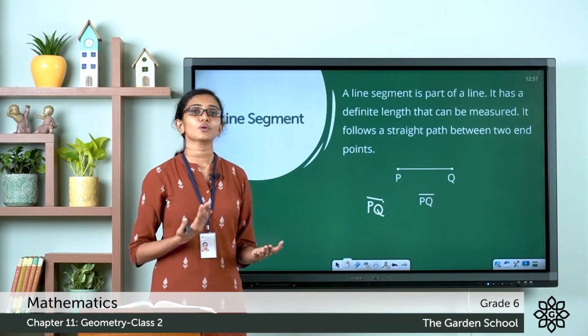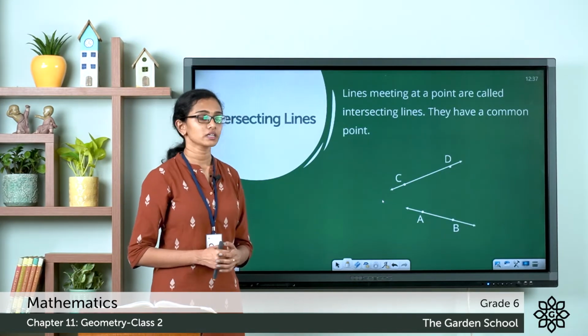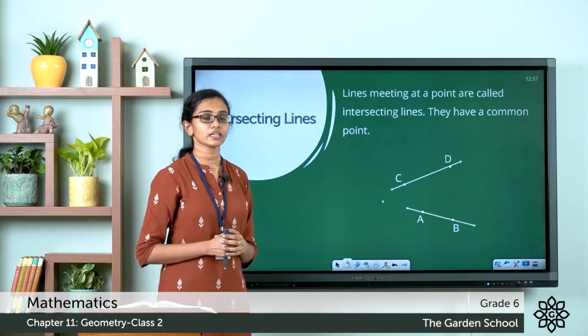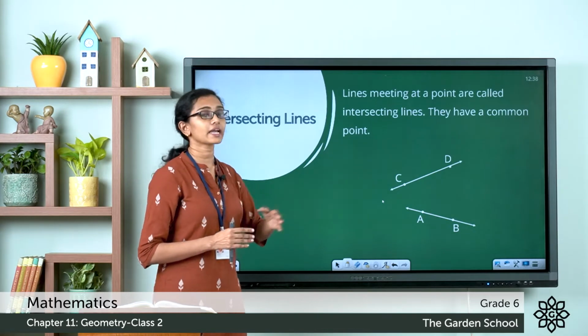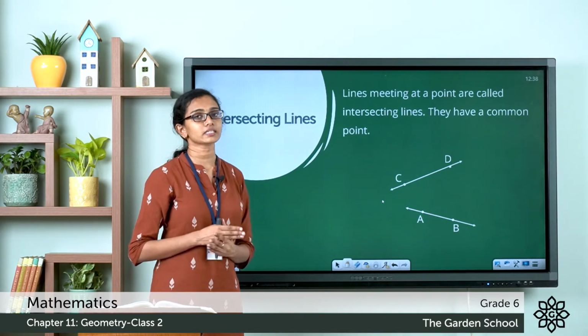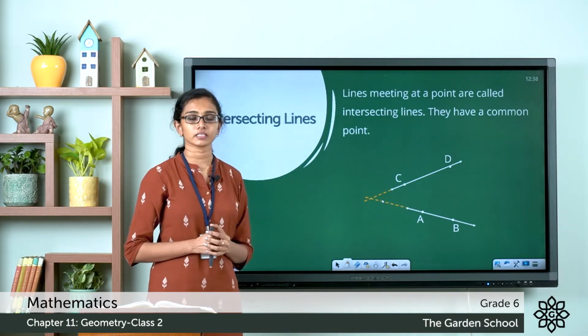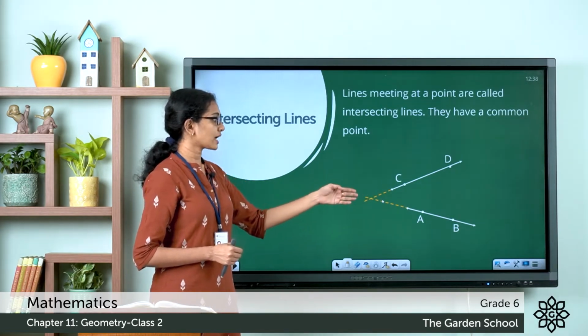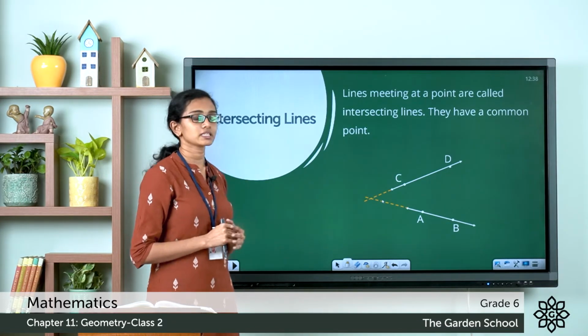Now we can draw different types of lines. Have a look at the lines here. This is line CD and this is line AB. Now, do you think these lines will meet or intersect each other? Now, what if I am extending these lines like this? You can see the lines will intersect at a point if we extend these lines.